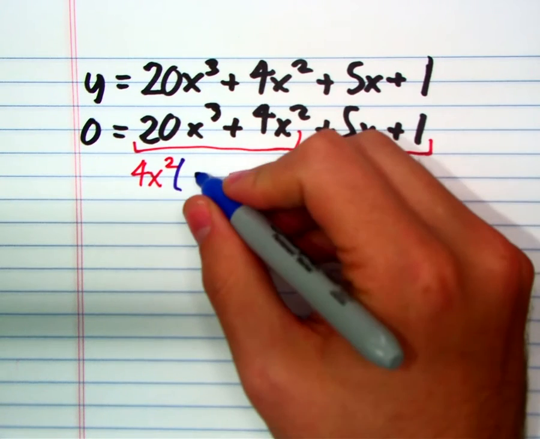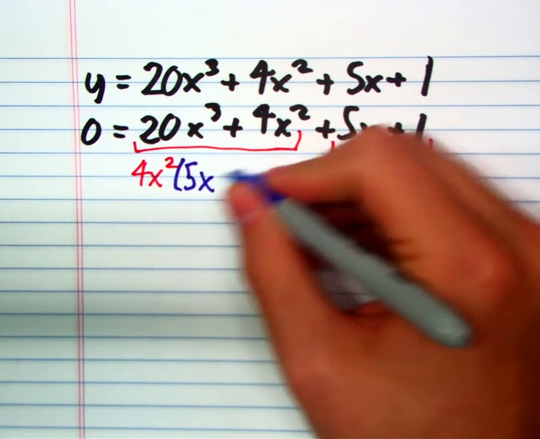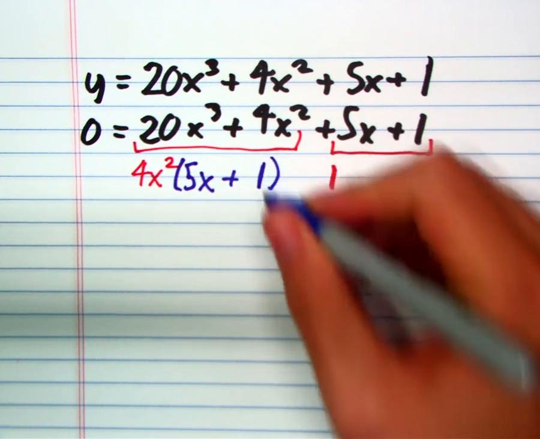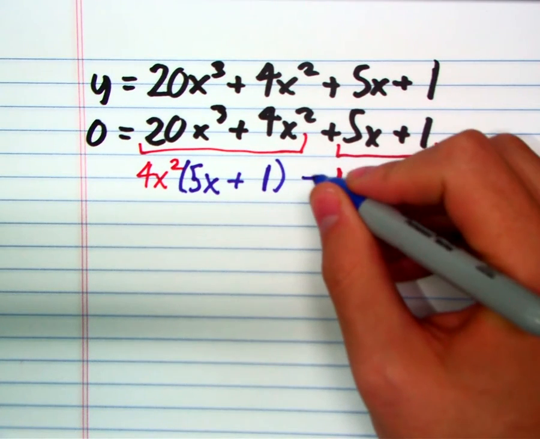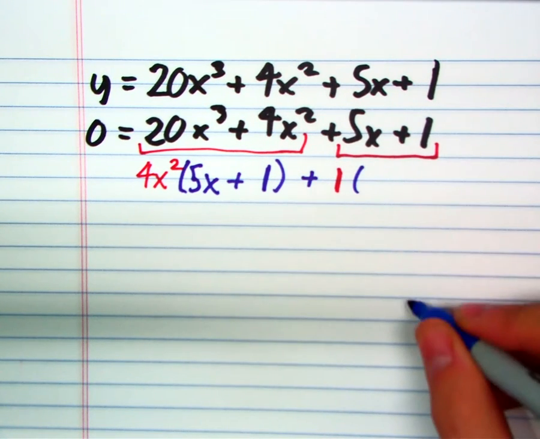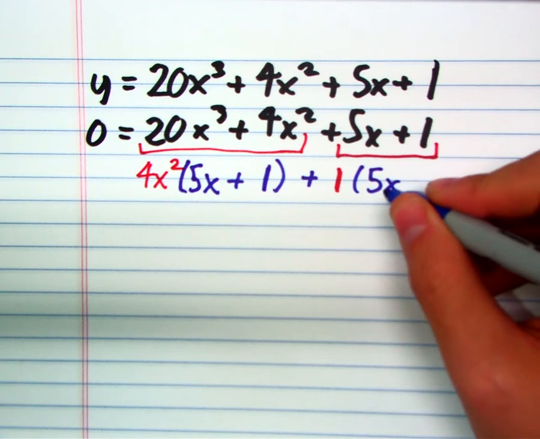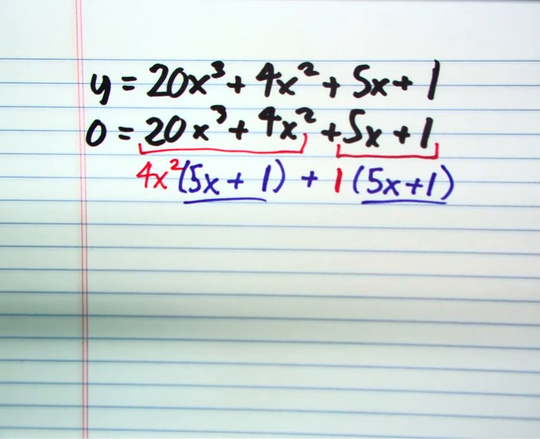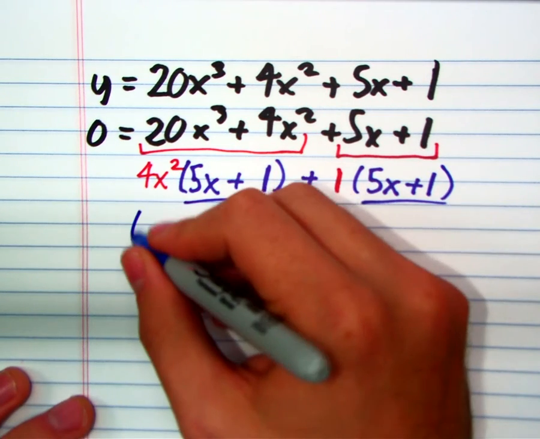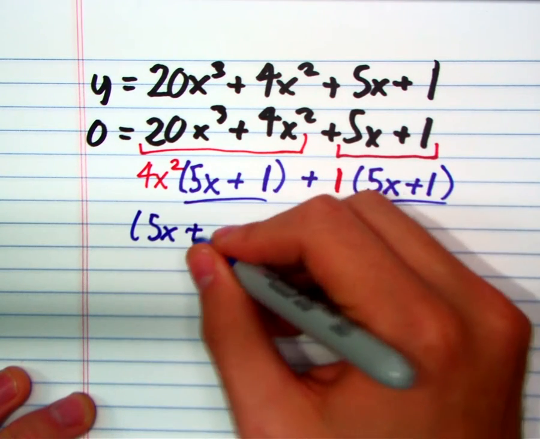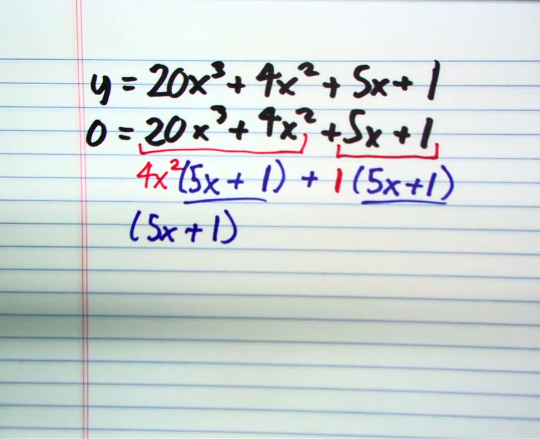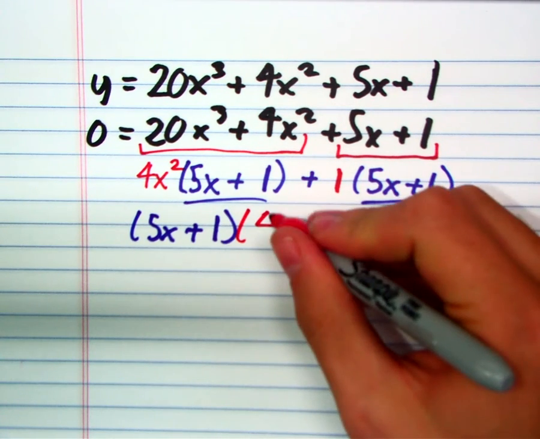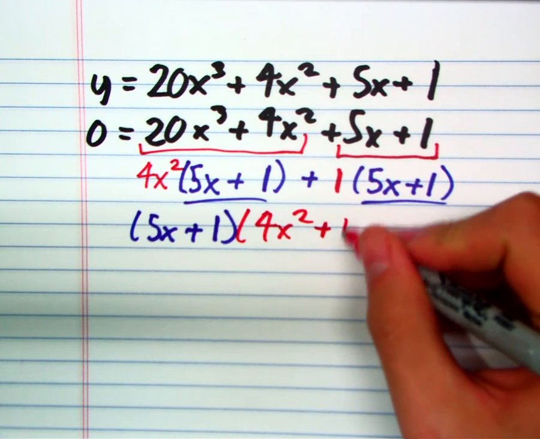So if I take 4x squared out, I've got 5x plus 1. And here I've got, if I take 1 out, I still got 5x plus 1. And I have matching factors. That's good. So then I bring the matching factor out to the outside. And my other factor is 4x squared plus 1.